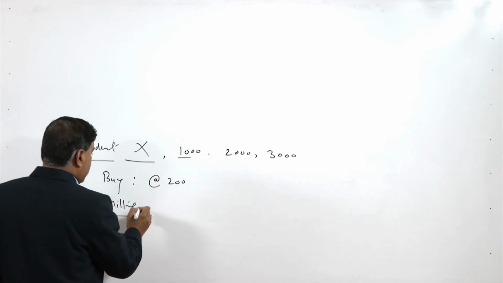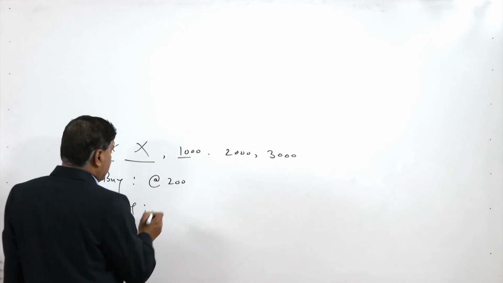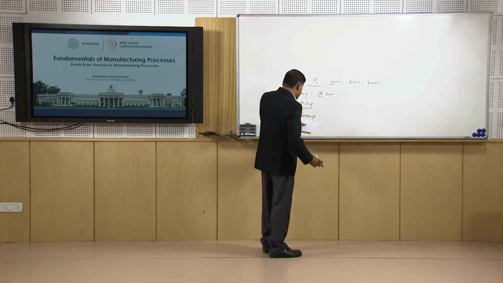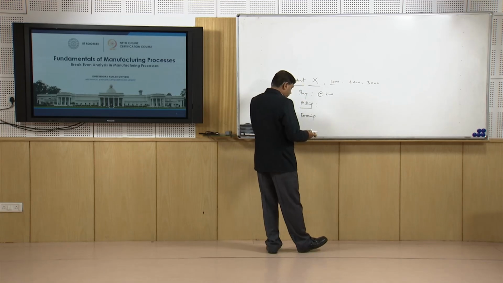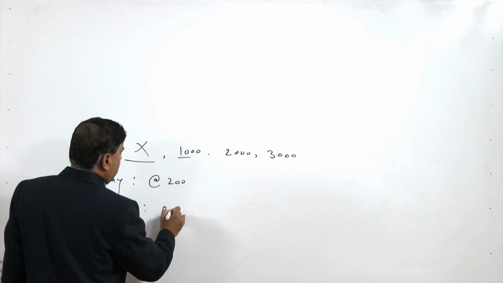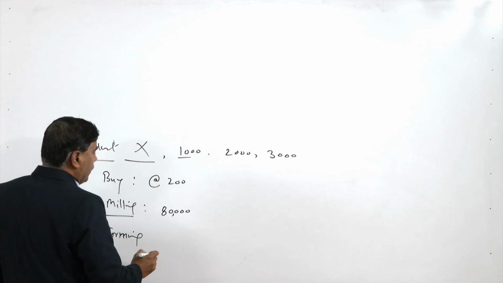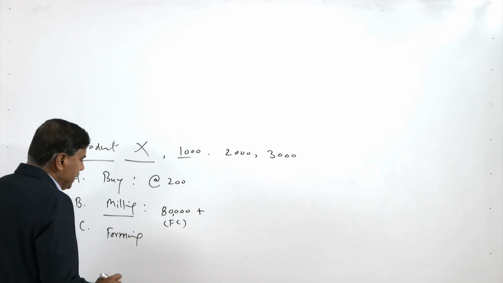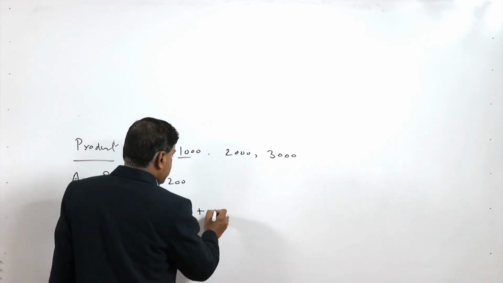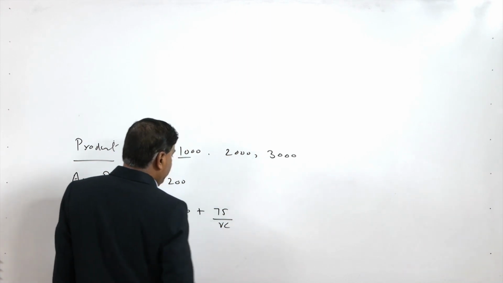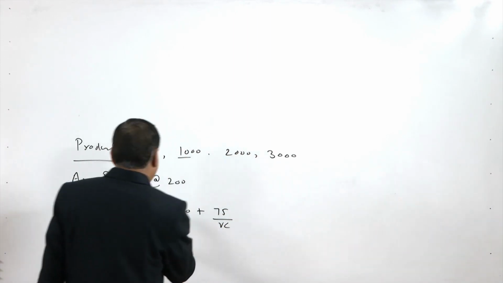So, if milling is used, then the fixed cost for the milling option is an initial investment of 80,000 units, so this is FC for milling, and the variable cost is rupees 75 per unit, this is VC.